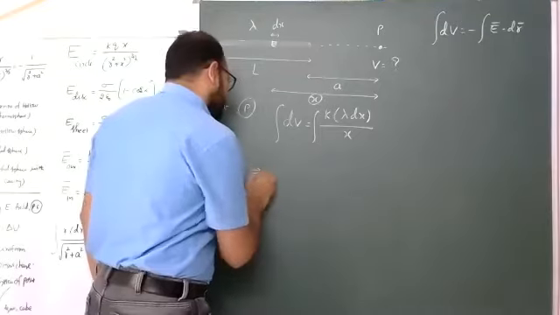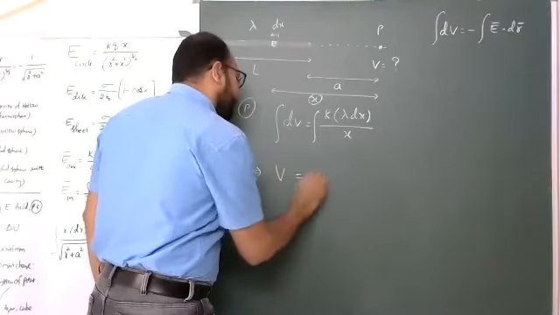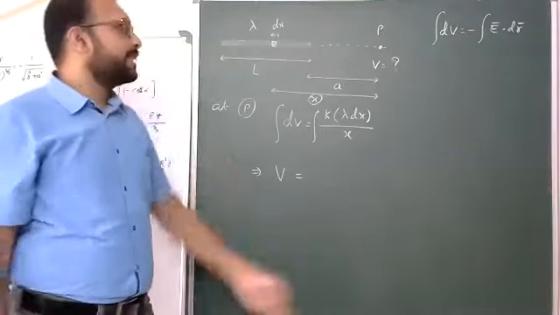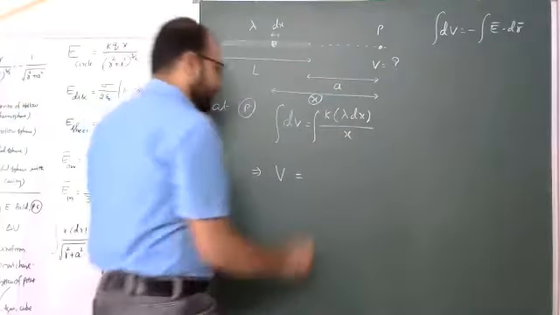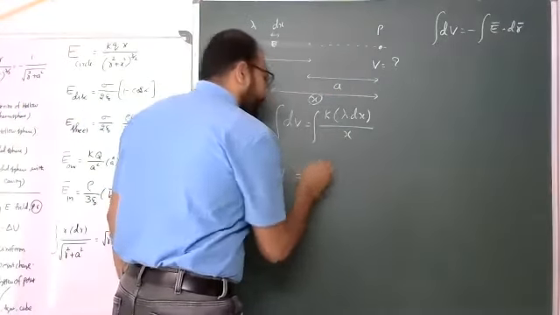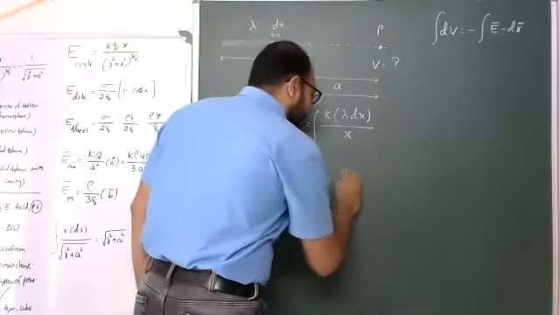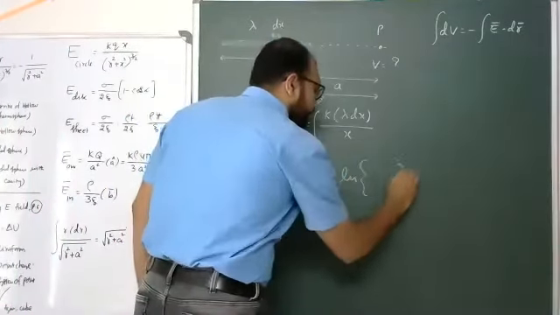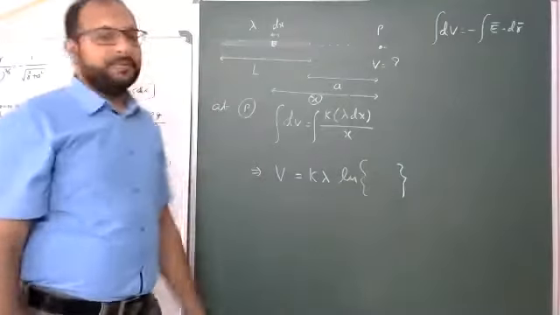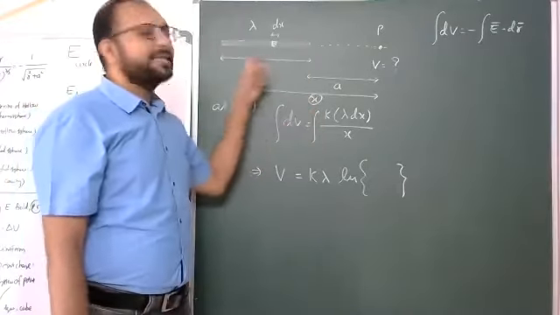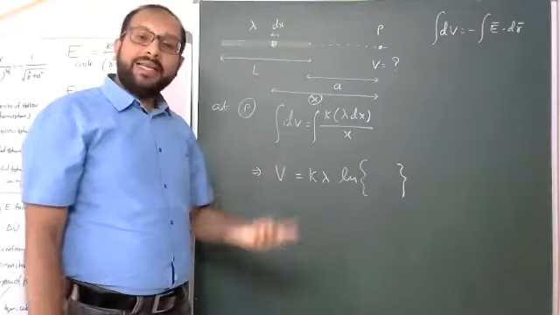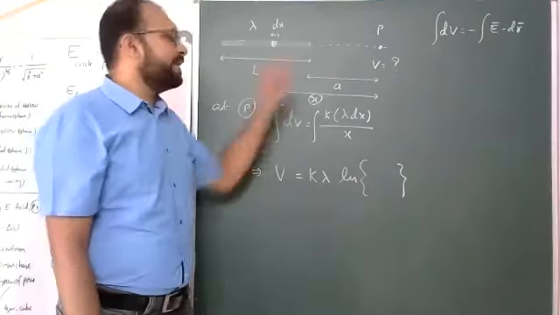So therefore students, V, the net potential at point P, equals K lambda integral dx by x, and we know that is ln x. So ln of the upper limit, a plus L, minus ln of the lower limit, a.